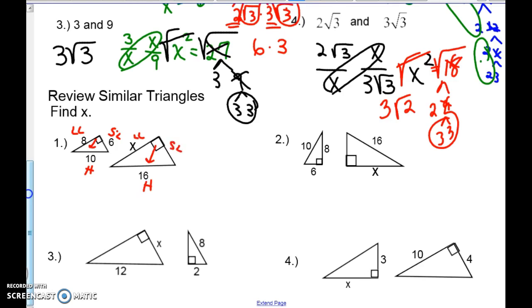Everybody got that? Which one am I looking for? The long leg. So let's set up, I want my long leg. In this one, the only other one I have is my hypotenuse. So it's going to be x over 16. And then over here, what's my long leg? 8 over my hypotenuse, which is 10.